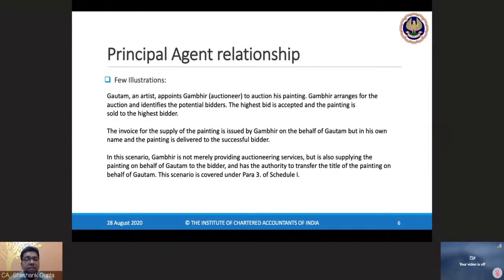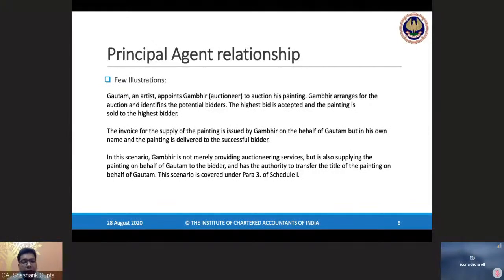The invoice for the, now this is important, okay? The invoice for the supply of the painting is issued by Gambhir. Who's Gambhir? The auctioneer, not the artist, but the auctioneer, on behalf of Gautam, but in his own name, and the painting is delivered to the successful bidder.